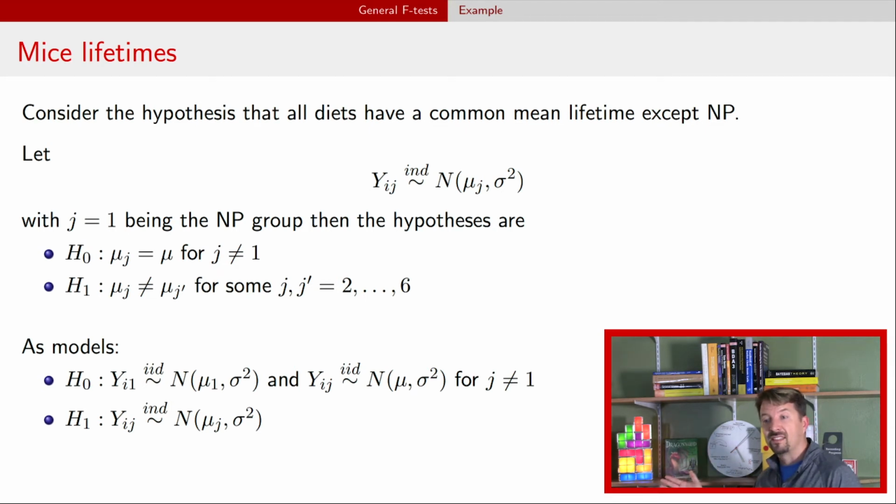The null hypothesis says that you have one model for the NP group that has a mean mu1, and then you have a different model for all the other groups with a common mean mu. The alternative model just says that each group has its own mean. So really, when you're conducting the F-test, you're comparing these two models. And now you'll notice that this is different from our ANOVA assumptions because the null hypothesis has a distinction for group NP. It gets a different mean and all the other means are the same.